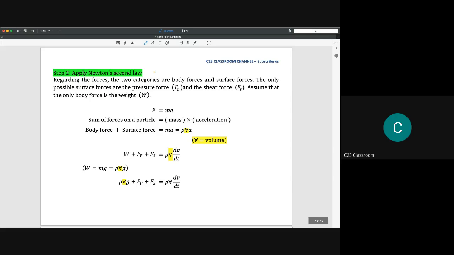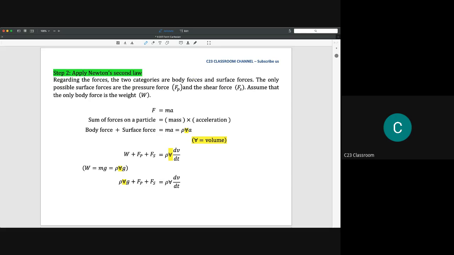Then the second step is we start with Newton's second law. That means we start with the force. We assume that there are two categories of forces, which are the body forces and the surface forces.